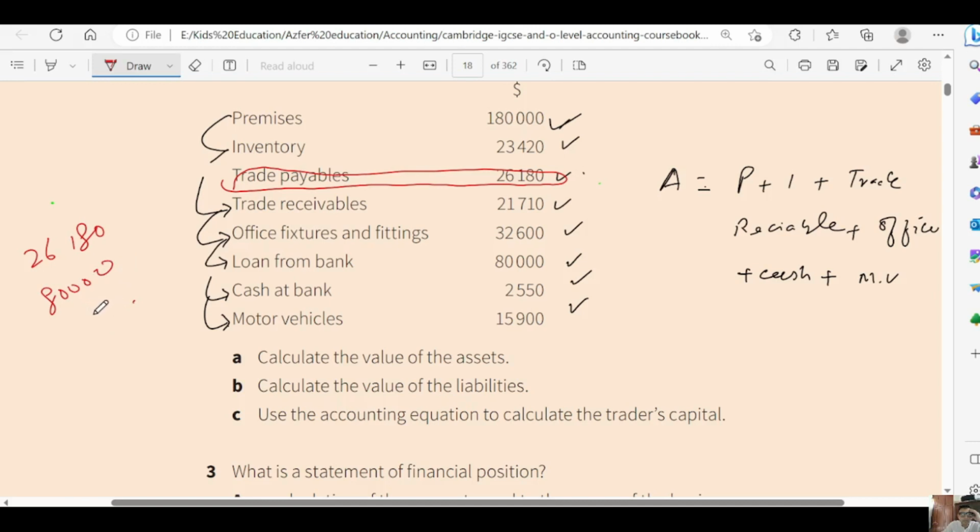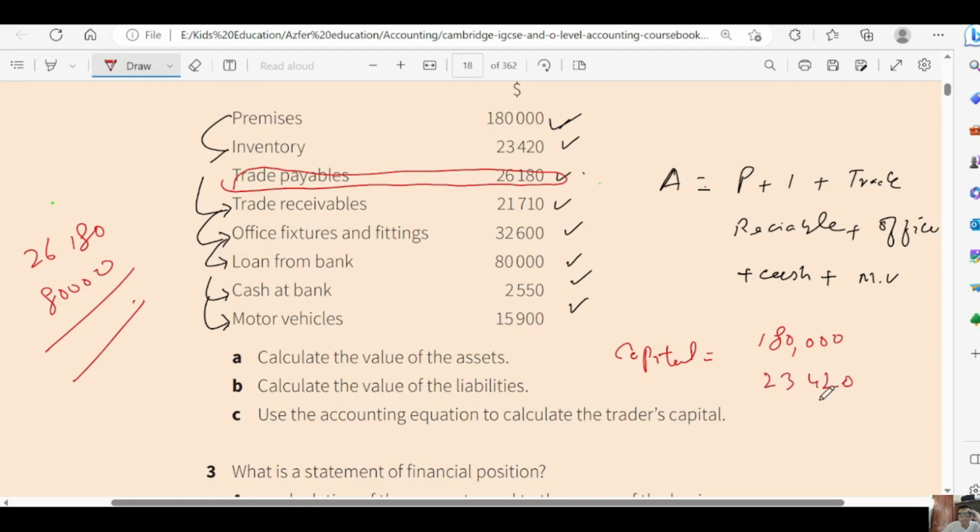Okay, use the accounting equation to calculate the trader's capital. So capital is initially premises. She bought premises from this capital, and inventory, she also bought inventory, possibly from her capital, so this inventory may also be.